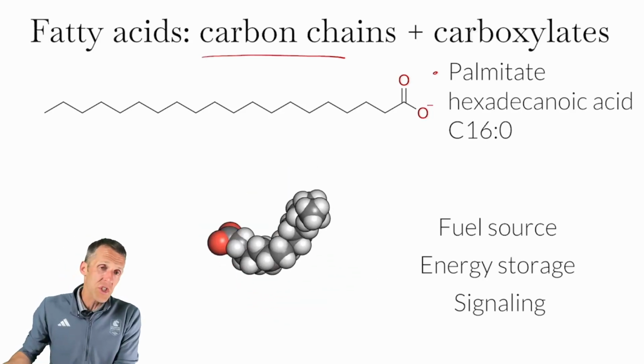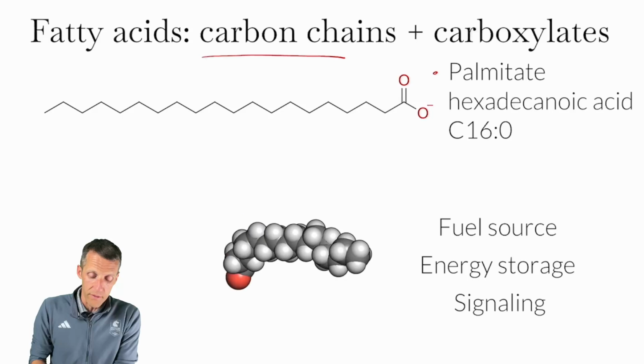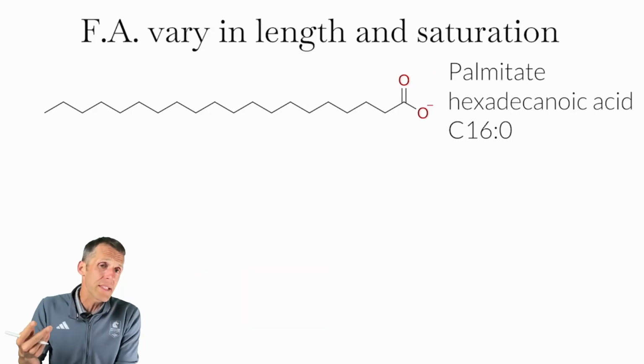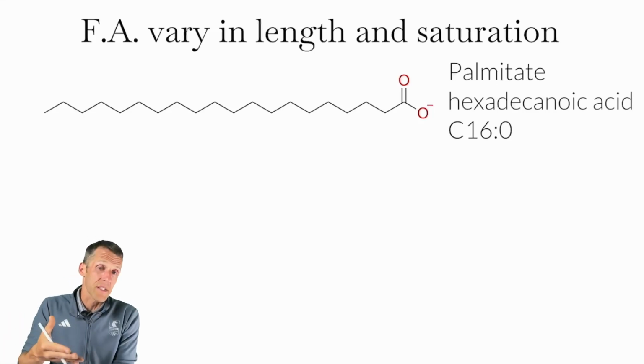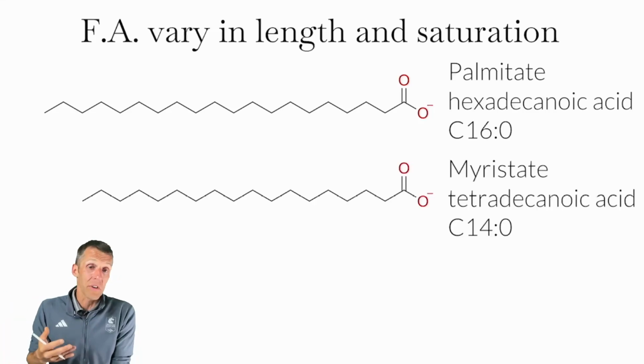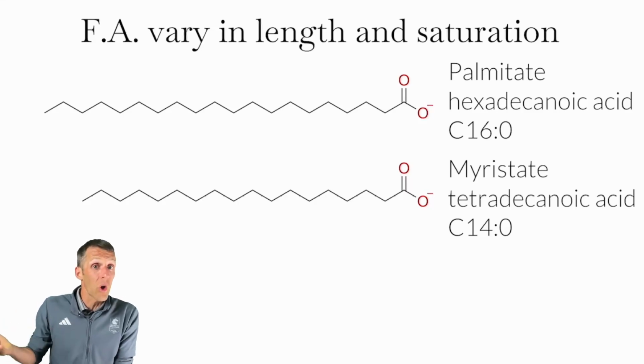Well, if you think about this chain, there's actually quite a bit of things that you could vary. The two major things that get varied biologically are the length and the saturation of this chain. So I'm showing here, like I said before, palmitate is the most common fatty acid in humans. It's got 16 carbons, but there's other ones. So this is a fatty acid that only has 14 carbons, otherwise identical to palmitate. There are other fatty acids that are longer than palmitate, right?